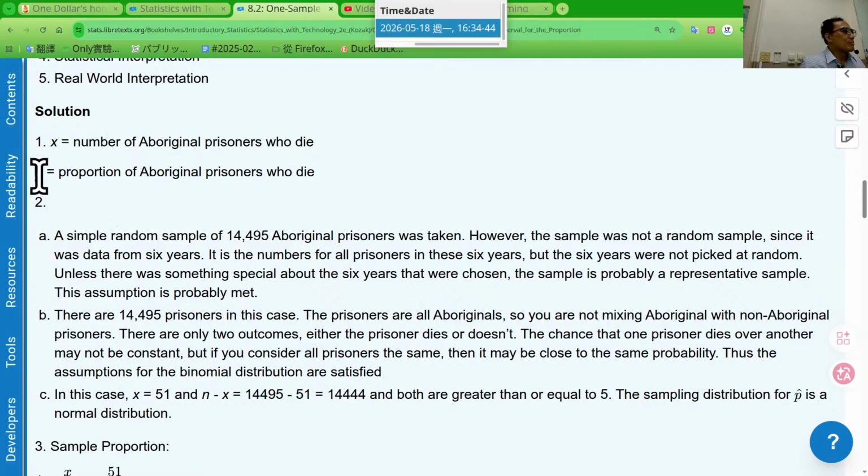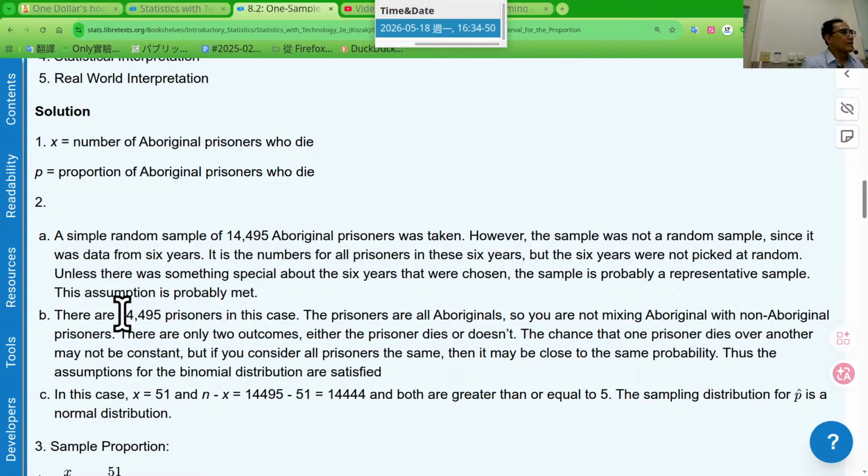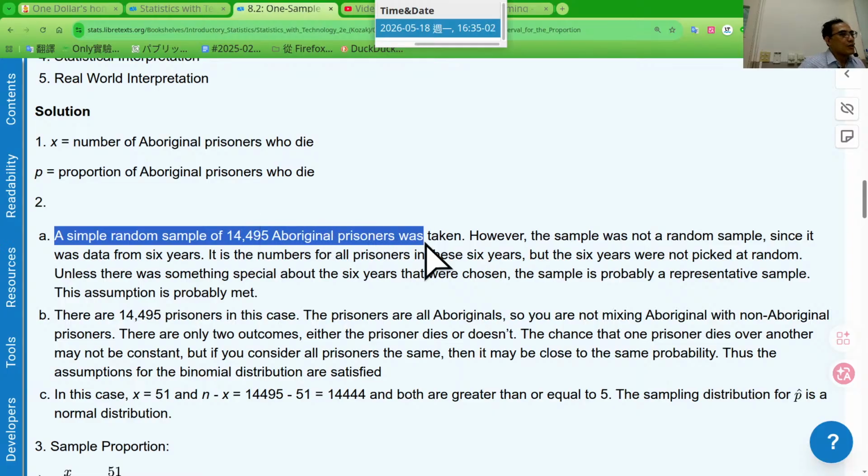P is the proportion of Aboriginal prisoners who died. Okay, then a simple random sample of 14,495 Aboriginal prisoners was taken.